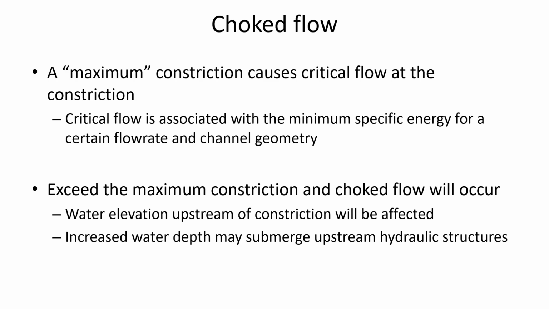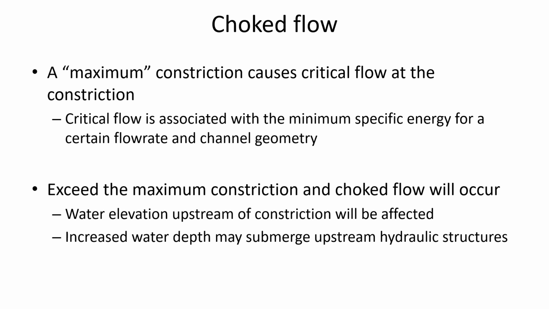And what that means is that if you had houses along the river, then the water depth could get deeper than it was before. And that's why regulators get really touchy about you doing things like putting a culvert into a channel. Because if you put a culvert into a channel, you're potentially choking the flow.